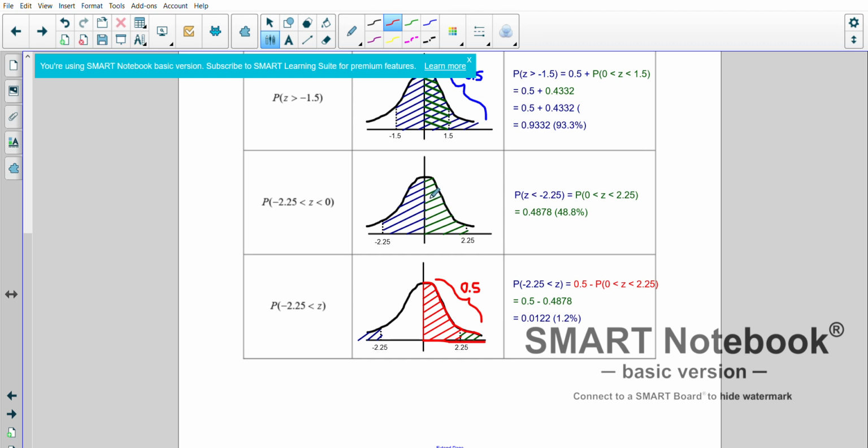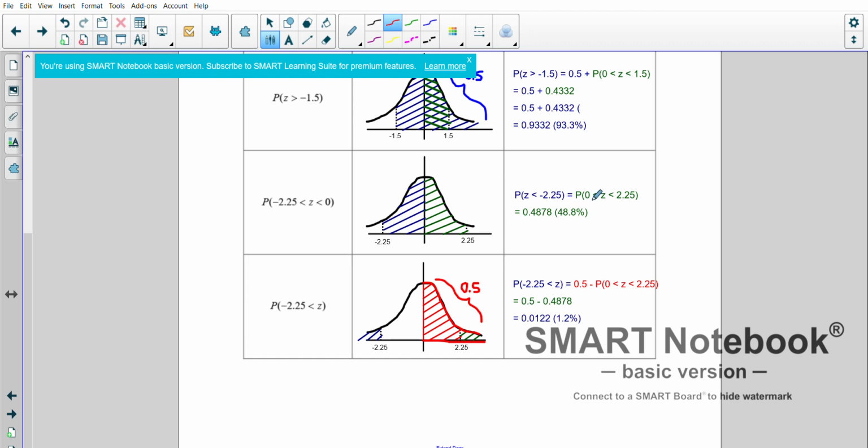So the green equals the blue, and I can easily find the green from looking at the table. So this is the last time I'll refer to the table. I've already filled in all these values, so hopefully you know how to use the table now, and we'll just take my word for it that I put these values in correctly.